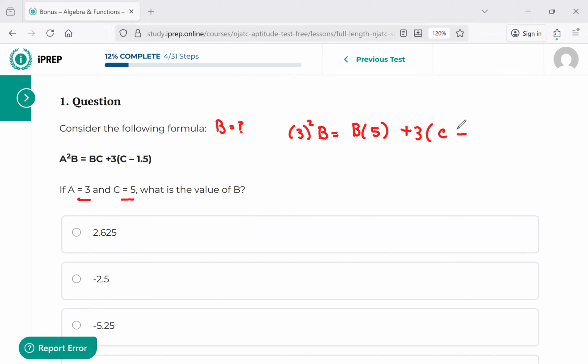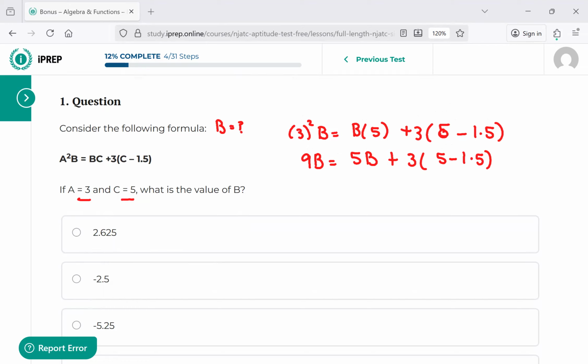C is 5, so you could just replace that C with 5, it's 5 minus 1.5. And so you get 3 squared, that's 9B, and then 5 times B is 5B. What's 5 minus 1.5? Or you could just leave it as it is and FOIL it out this way, it's fine.